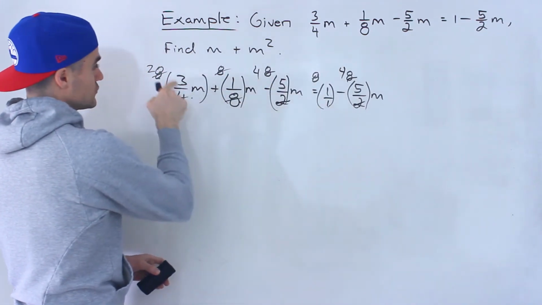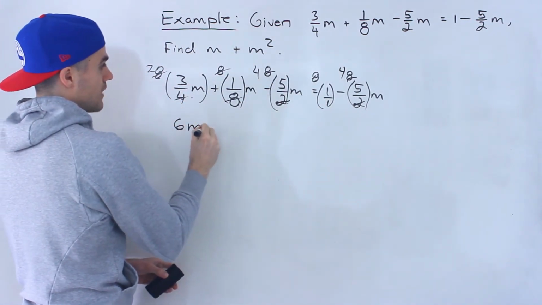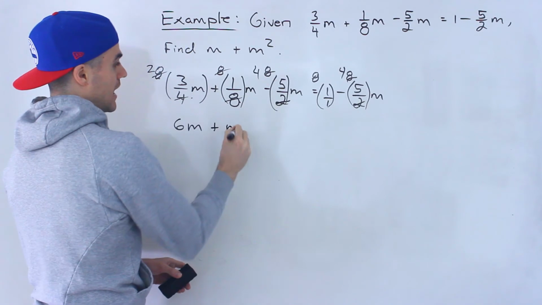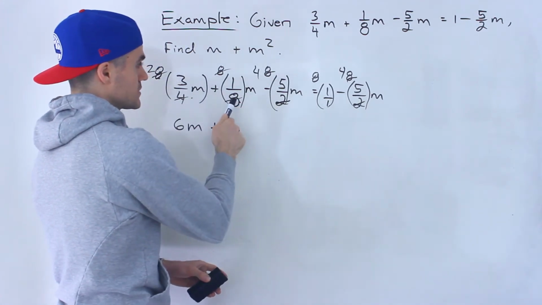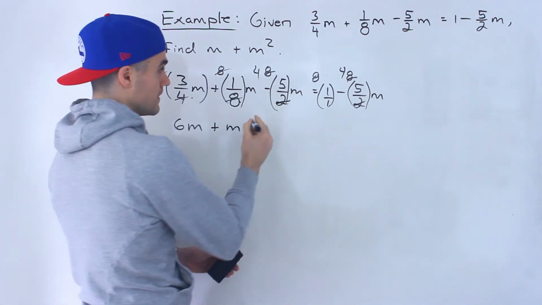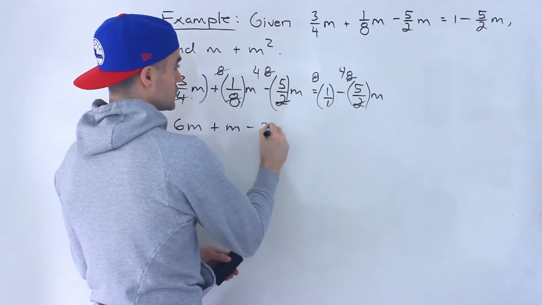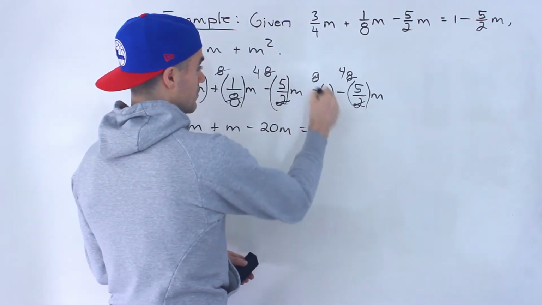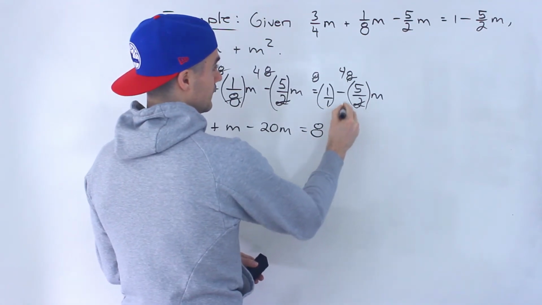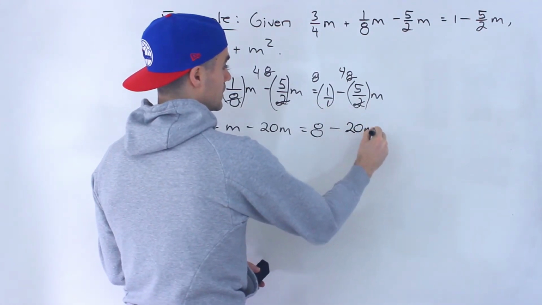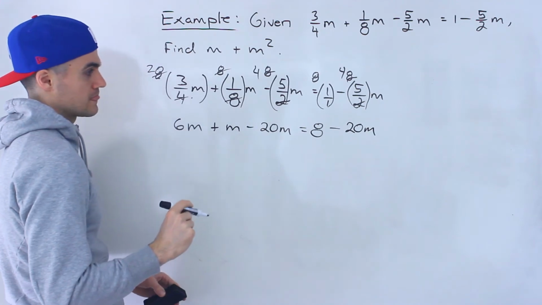And so we would have 2 times 3, which is 6, and then we have the m there. This would just be m by itself, right? 8 times 1 over 8 is just 1. And then this would be 4 times 5, which would be 20. And then we have the m there. This would be 8. And then this would be 20m, like that.